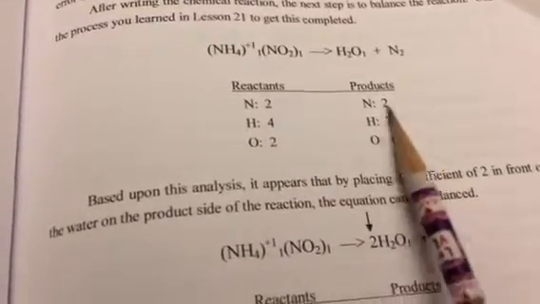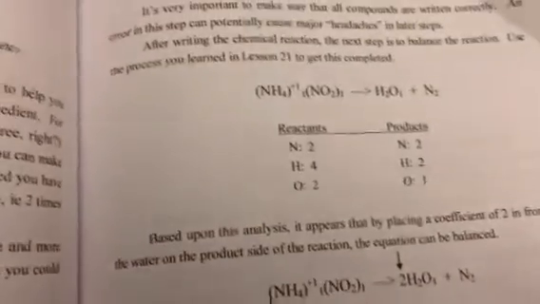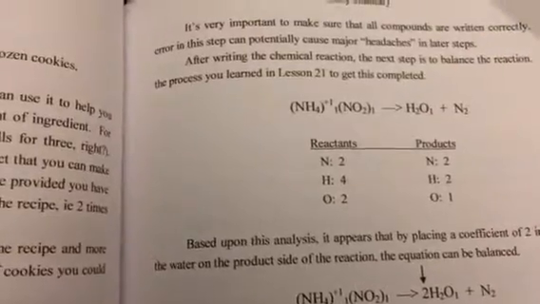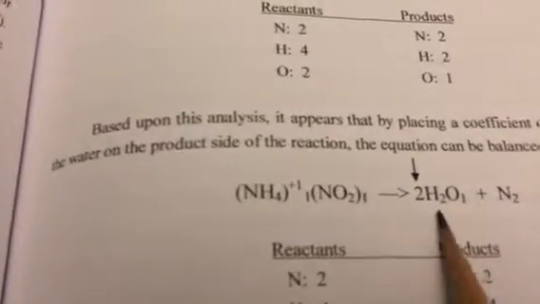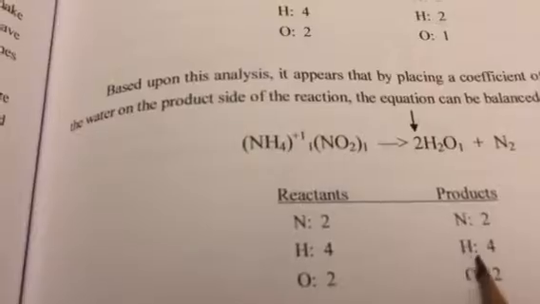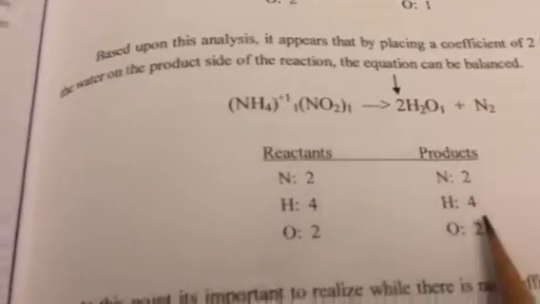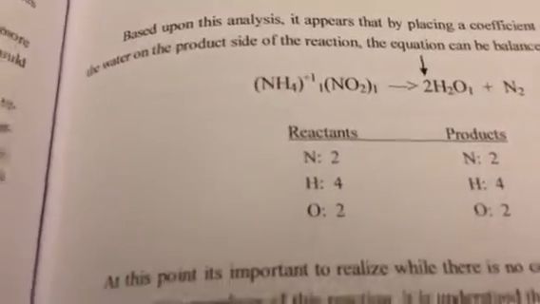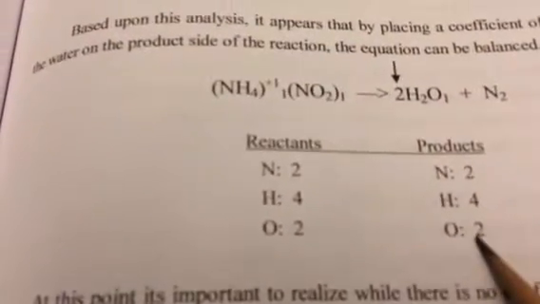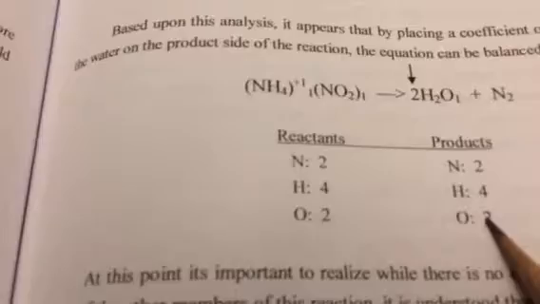So we're not balanced. We have 4 and 2. So we have to add a 2 to your water, which increases your hydrogen, and it also increases your oxygen. So it also solves your imbalance on that side. So now you have a balanced equation.